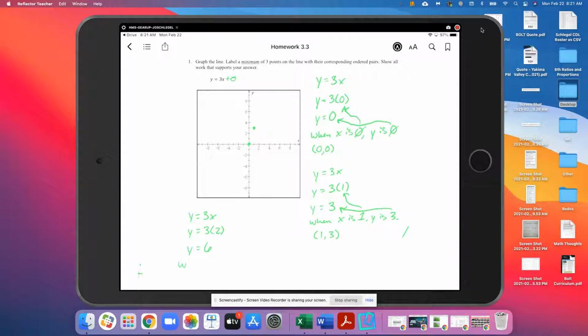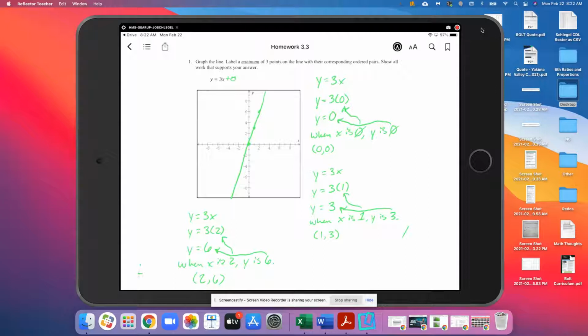So this says when x is 2, y is 6. So again, I put 2 in for x, and what came out of it was the y value 6. So our ordered pair would be 2, 6. Okay? So I've got my 3 points, and therefore I can go ahead and sketch a graph of this darn thing.